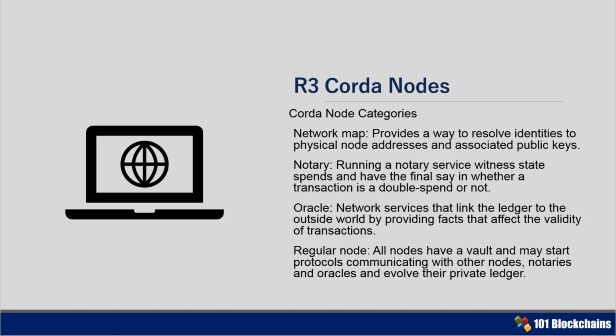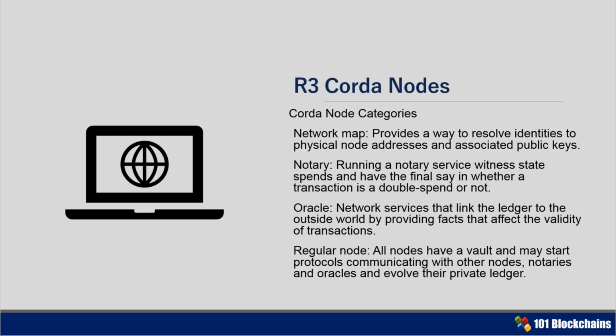Now, when it comes to different types of nodes, there are really 4 specific types of Corda nodes. We have the network map node. This is similar to DNS. Effectively, in the world of IT networking, we need to look up and figure out who is who, where to get to what website. Same thing in a Corda network, except that we need to figure out how to get from one node to another.